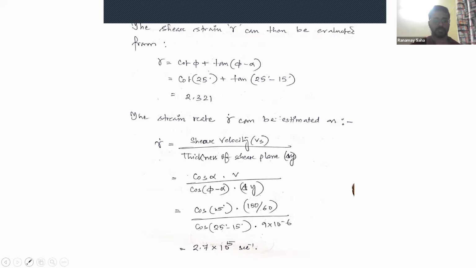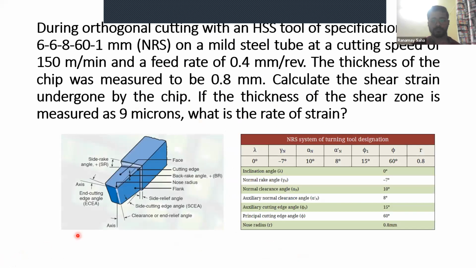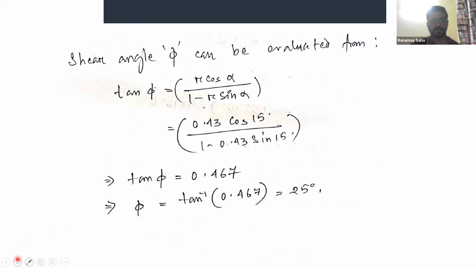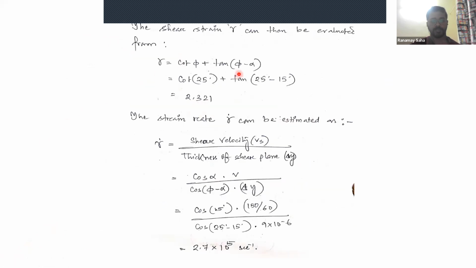You can check it from the table, you can see this is 15 degrees, the rake angle. So you plug in the values to find the shear strain gamma as 2.321. You know strain is dimensionless, so there is no unit here.